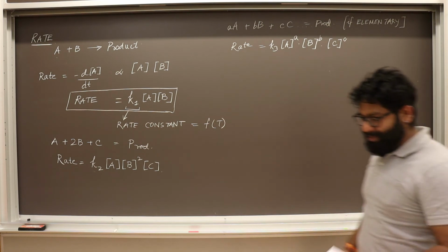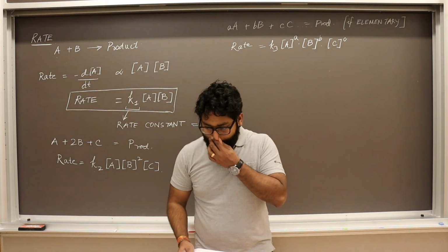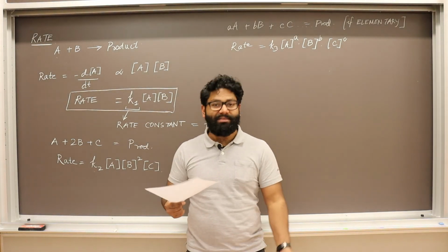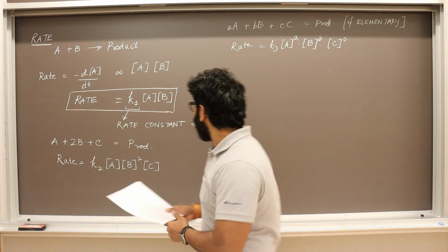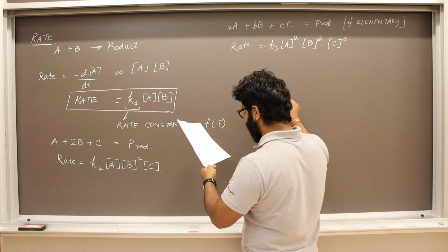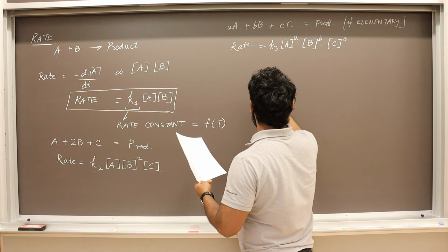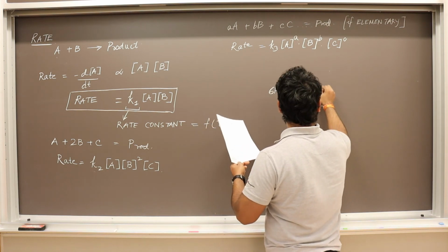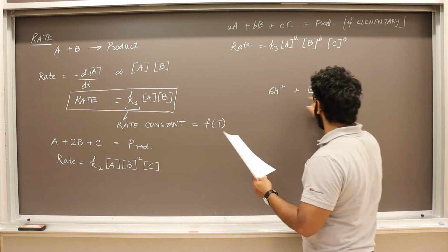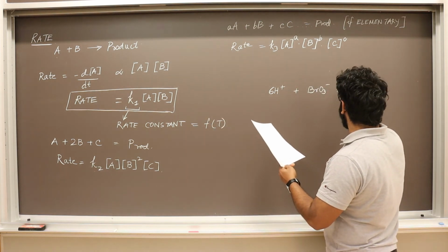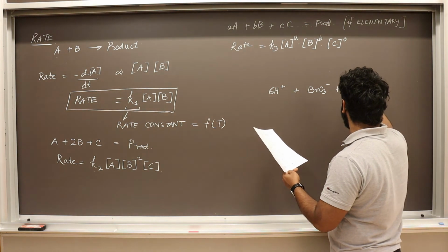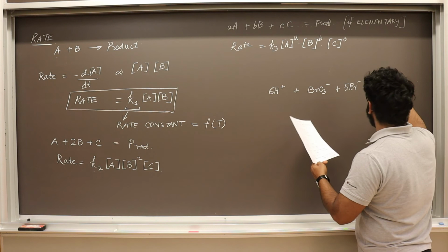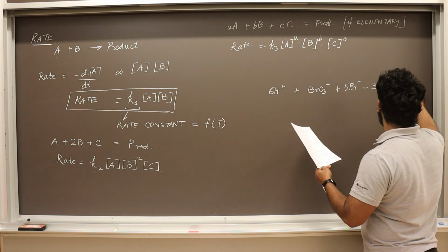Now, as I said before, you cannot predict the rate constant from a complicated reaction. So, for example, if you have a reaction like this, so this is H plus, this is bromate, bromide, plus 3H2O.